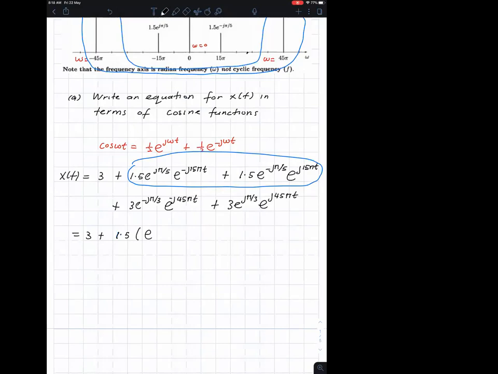Usually remember we write like this, omega t plus or minus theta. Let's go ahead and write the way it is right now. So I'm going to write this part here, j π over 5. I'm going to write the frequency part first, 15π t.